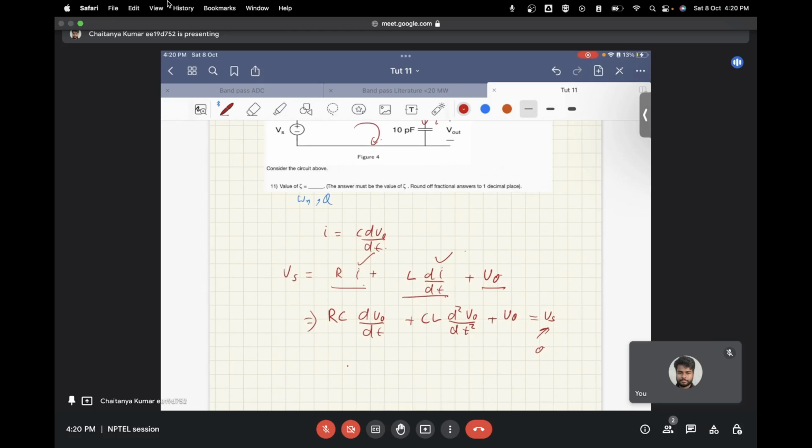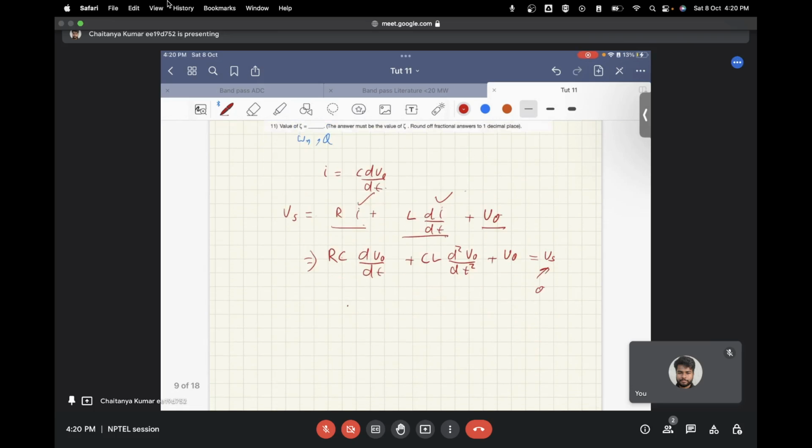Here it will be LC times d square V naught by dt square. So from here, what you get is d square V naught by dt square plus R by L dV naught by dt plus V naught by LC is equal to 0.